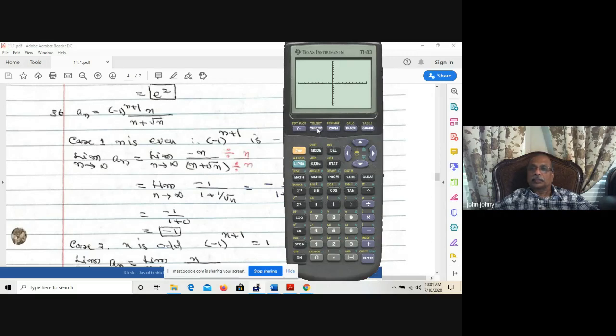Let us try to change the window. I don't know why the graph is not coming there.